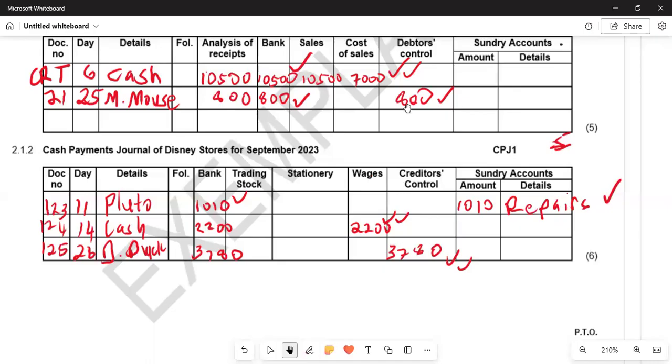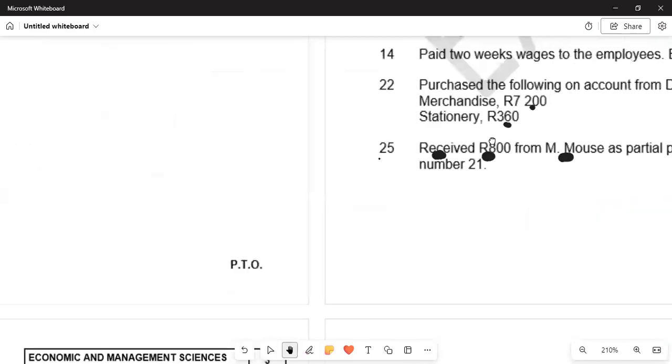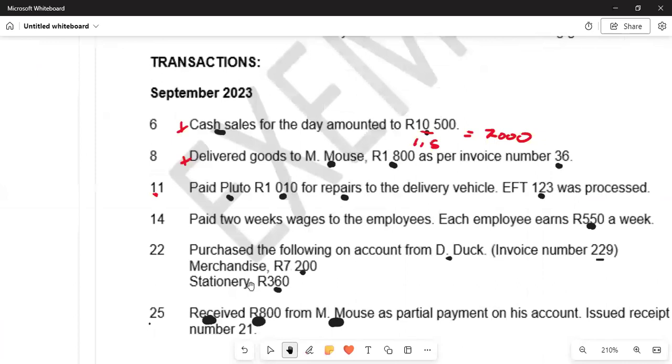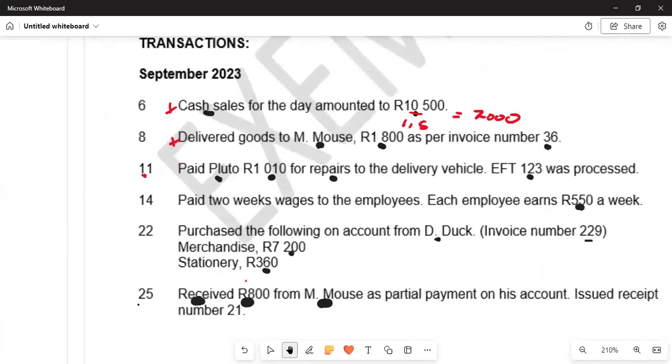So we want to know what the transaction was all about. Our transaction on the 14th: pay two weeks wages to the employees. Each employee earns 550 a week. So how much is going to be that amount? 550 times 2 is going to be 1,100.